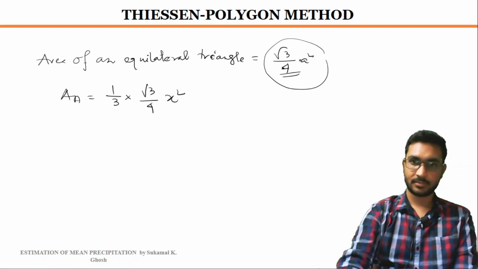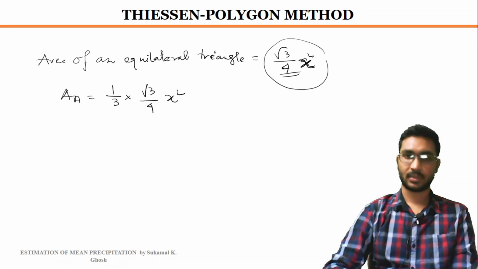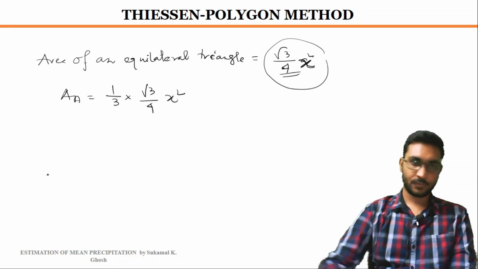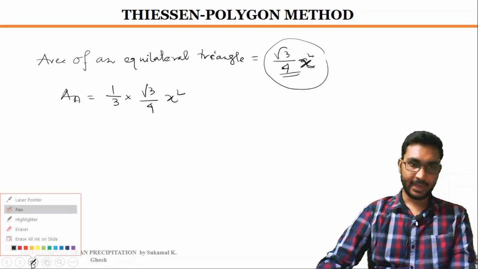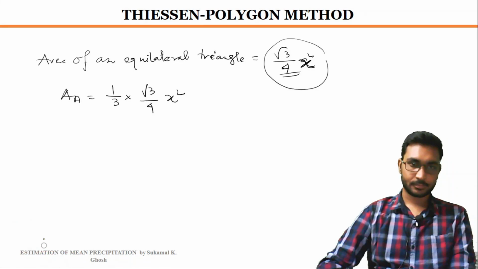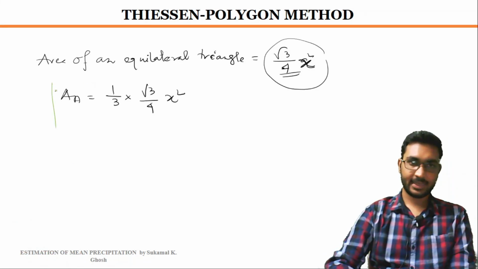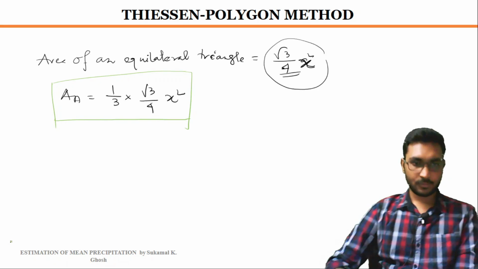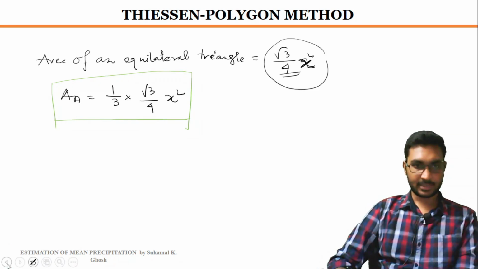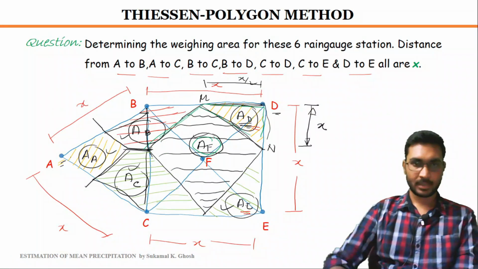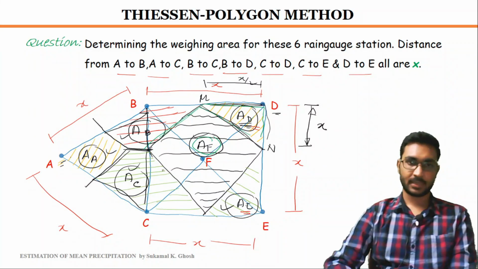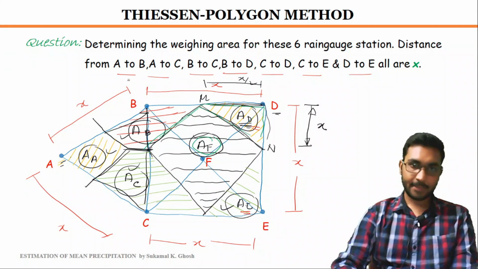So we have also got our AA, the area for rain gauge station A. Now the remaining ones are our AB and AC.